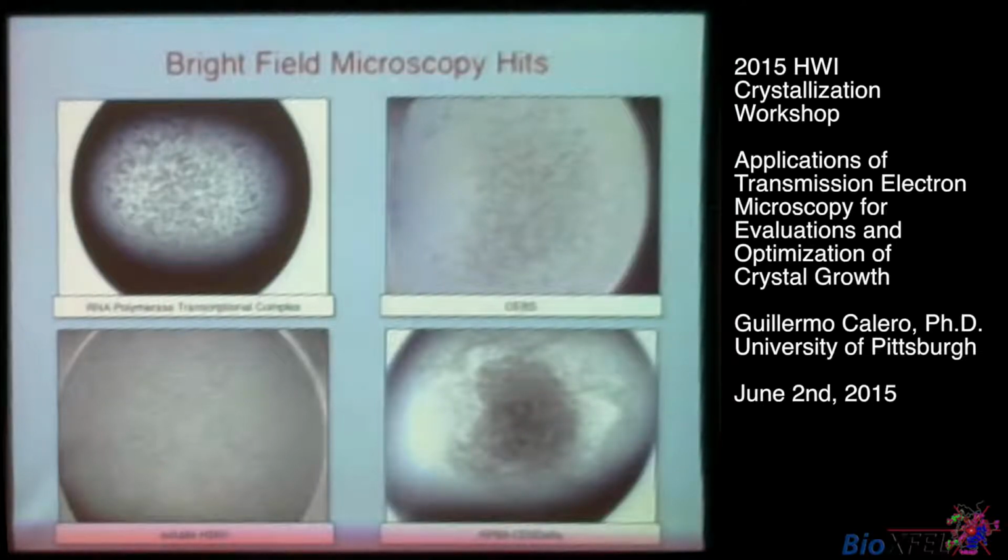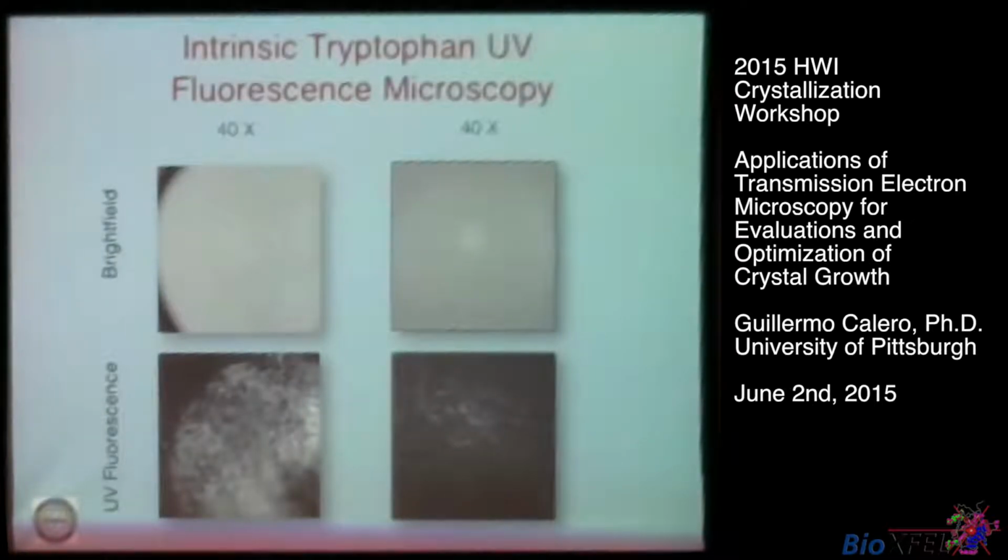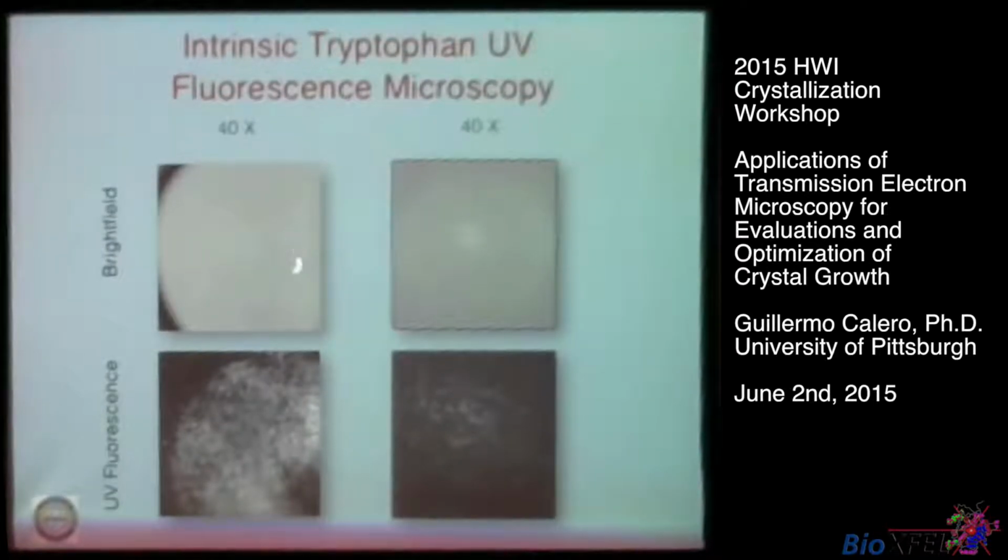So the first thing we tried to do was narrow down the number of aggregates, because we saw that we had 40% aggregate. One way to narrow it down is to use UV fluorescent microscopy. We worked very closely with Nagarajan and Jansi, and he facilitated a lot of the equipment we used to identify very small nanocrystals. This is an example of one of the protein granular aggregates.